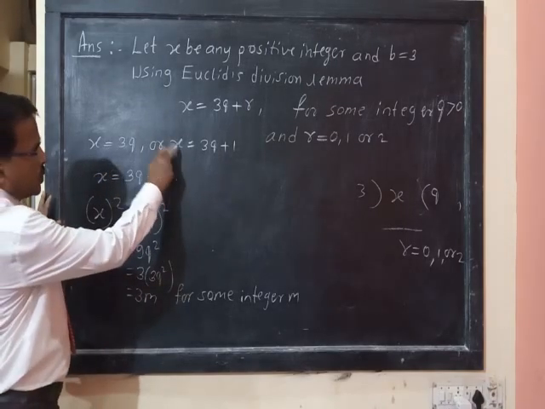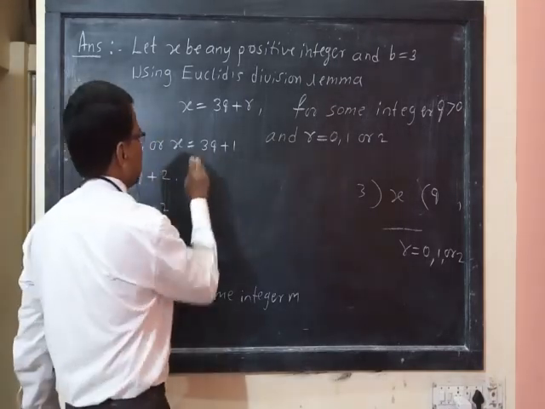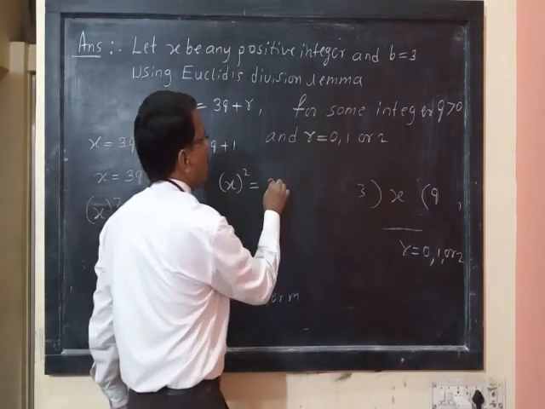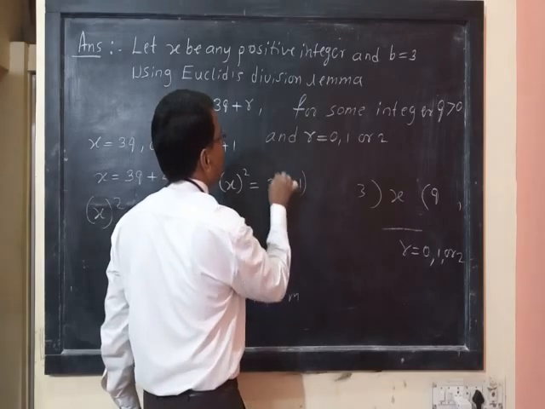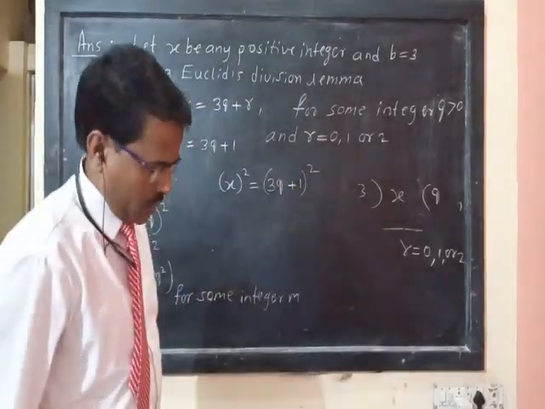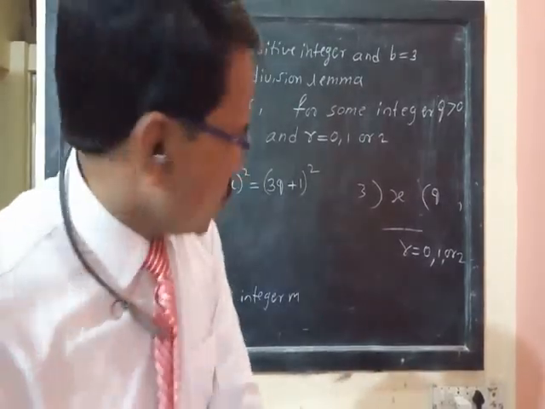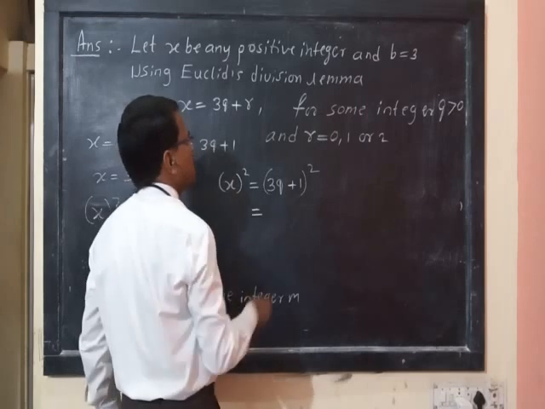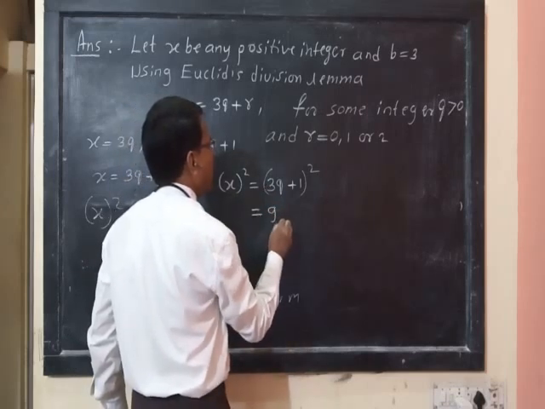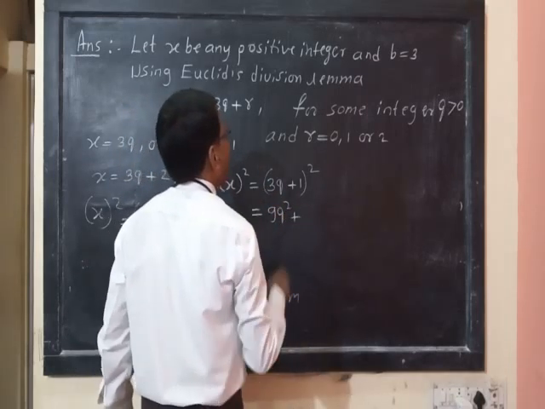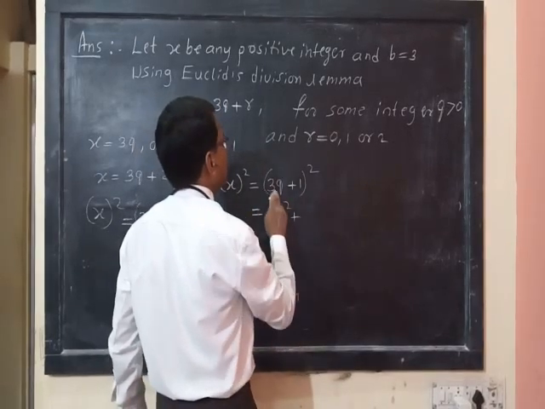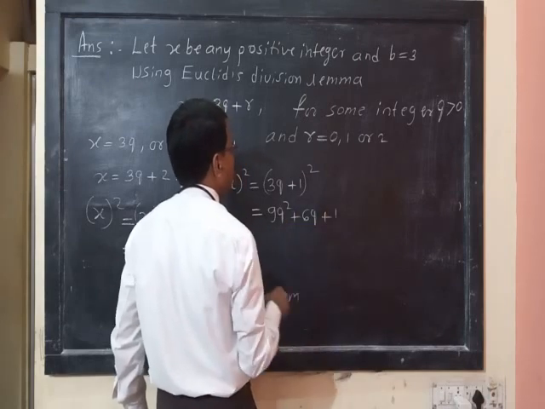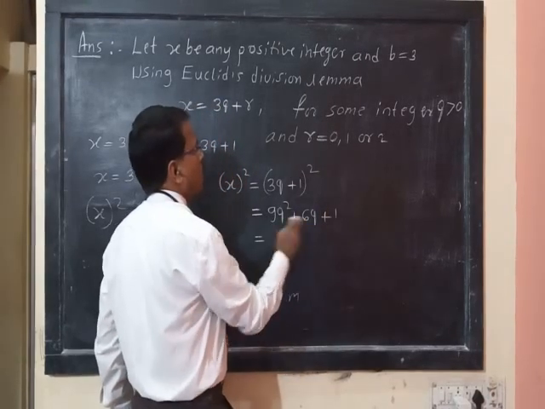Now we shall square this. x square is equal to 3q plus 1 whole square. So we shall expand this. First term square 9q square. Product of these two and double: 3 ones are 3, double 6q. 1 square is 1. Now I will take 3 common from this.